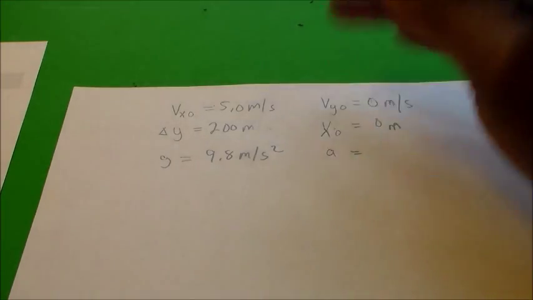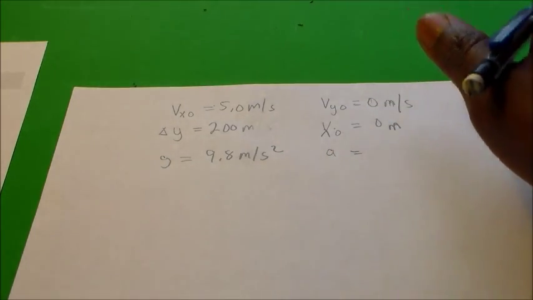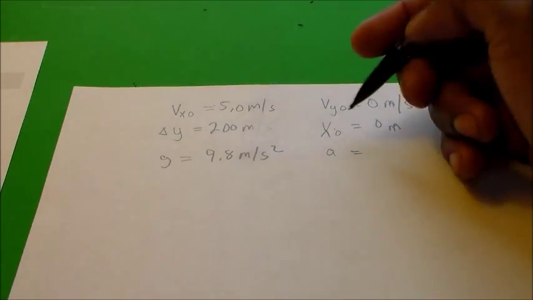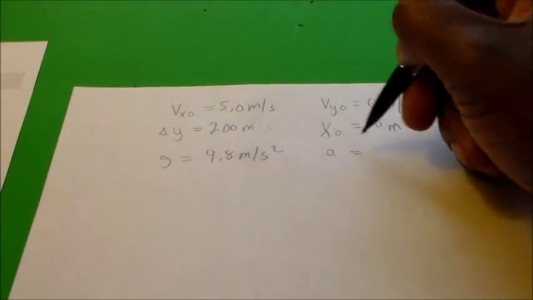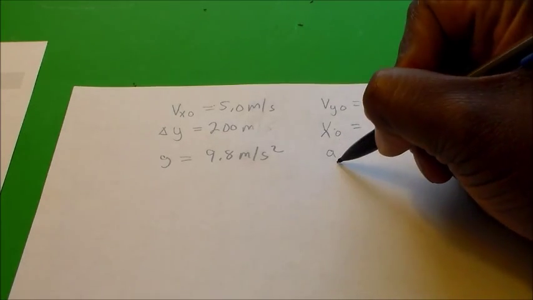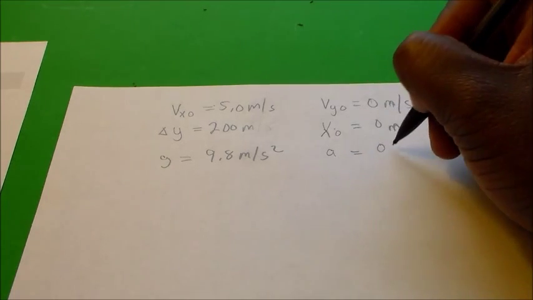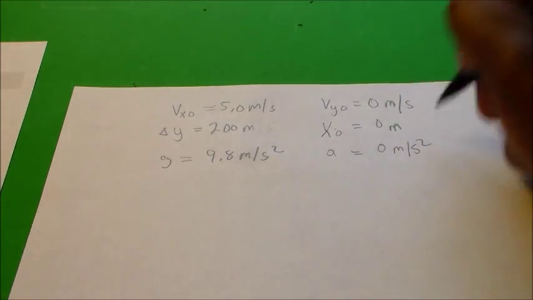So once the rider leaves the edge of the cliff, there is no acceleration in the x direction, no deceleration. Therefore, the rider will have an acceleration in the x direction of 0 meters per second squared.